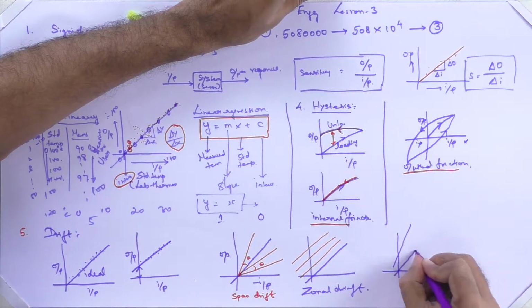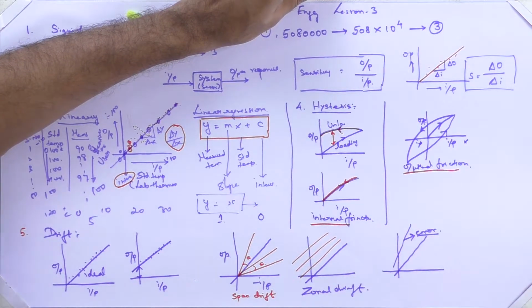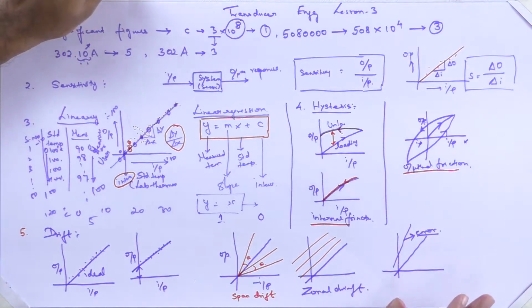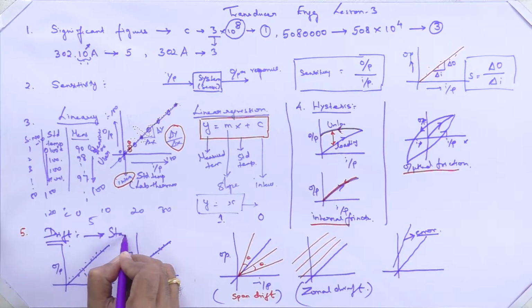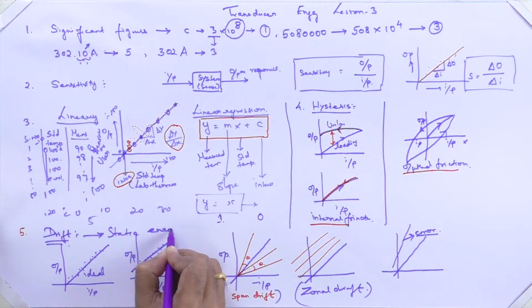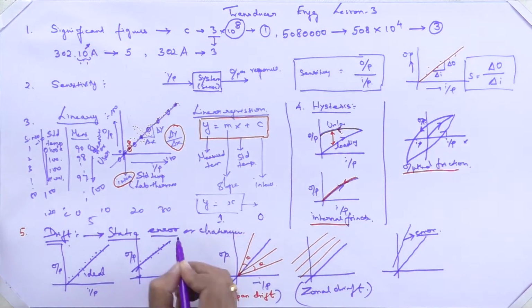This is your ideal condition and this is your erroneous condition. This is the final condition, a combined problem of both span and zonal drift occurring here. Drift is one kind of static error or characteristic because of which an error occurs. Are you all very clear about the drift conditions? I explained span drift, zonal drift, and the combination of both produces a main kind of error here.